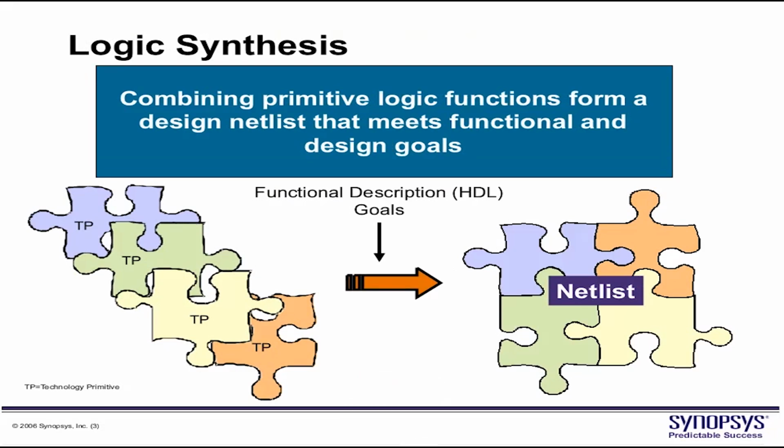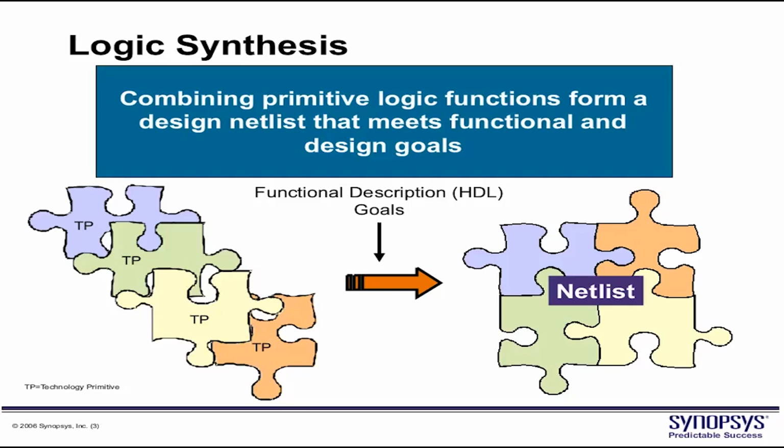Again, logic synthesis is combining primitive logic functions to form a design netlist that meets a functional and design goal. So on the left-hand side we see a jigsaw puzzle which is jumbled up. Each of the components is labeled TP. TP means a technology primitive.